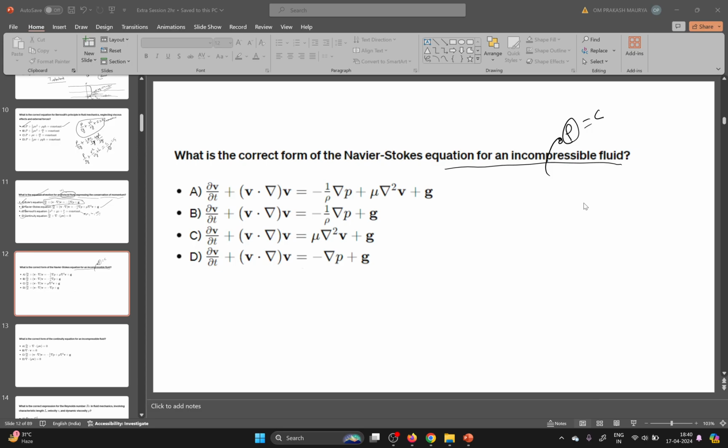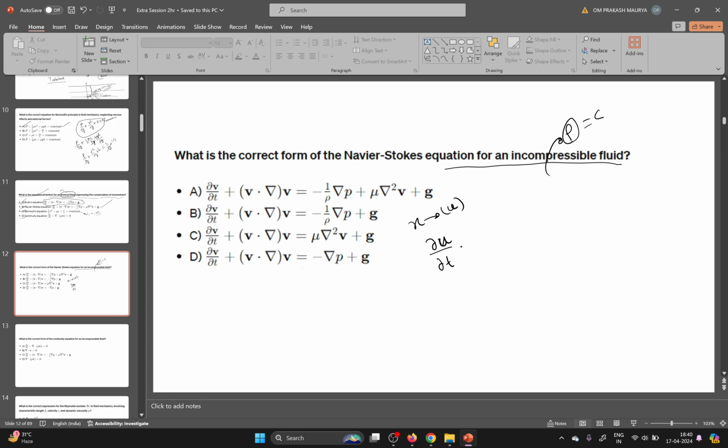For simplicity, let me write the Navier-Stokes equation, then maybe you will be able to answer. In the x direction I am going to write: the velocity is u.